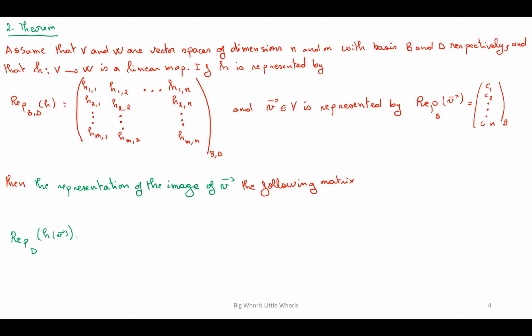I will do it in the next video. So basically it's actually from the theorem that we derive the definition of multiplying a matrix with a vector.